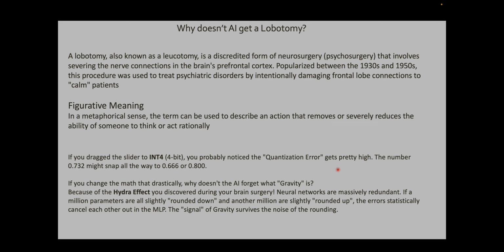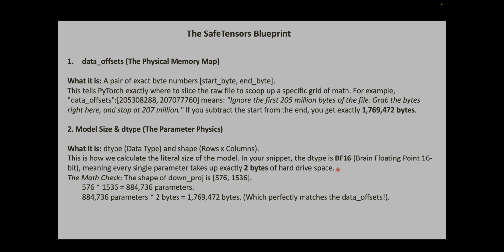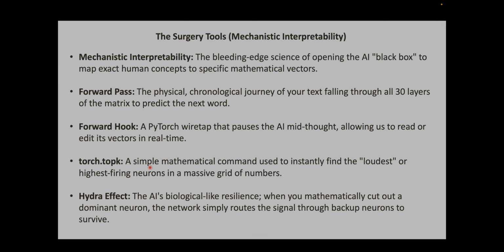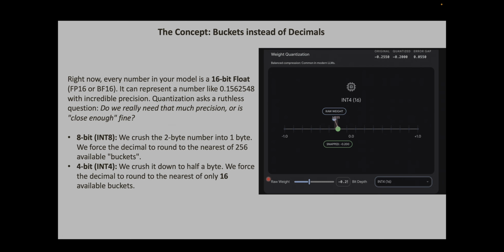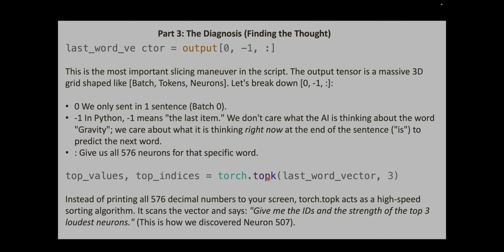Now if you go back to the definition of top K, it was somewhere here: a simple mathematical command used to instantly find the loudest, or the highest firing, neurons in a massive grid of numbers. If we compare that theory to this, this is the largest vector and we are trying to get the loudest 3 neurons.